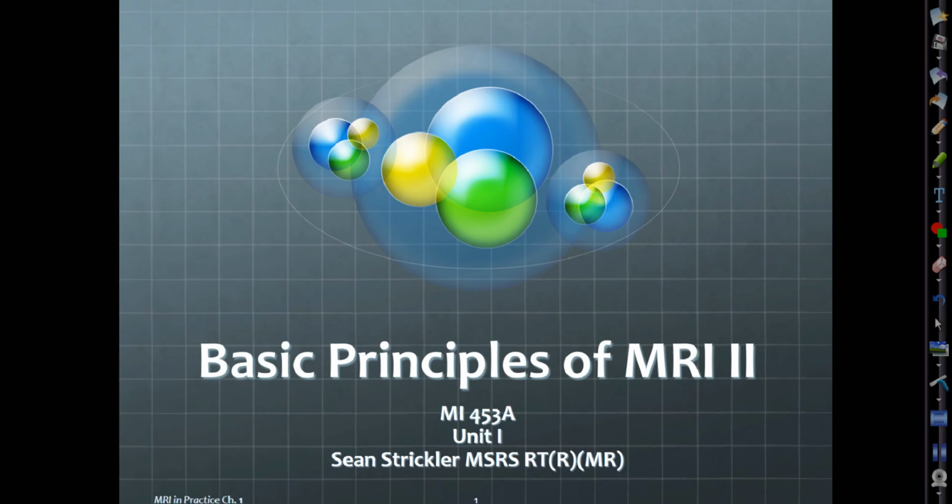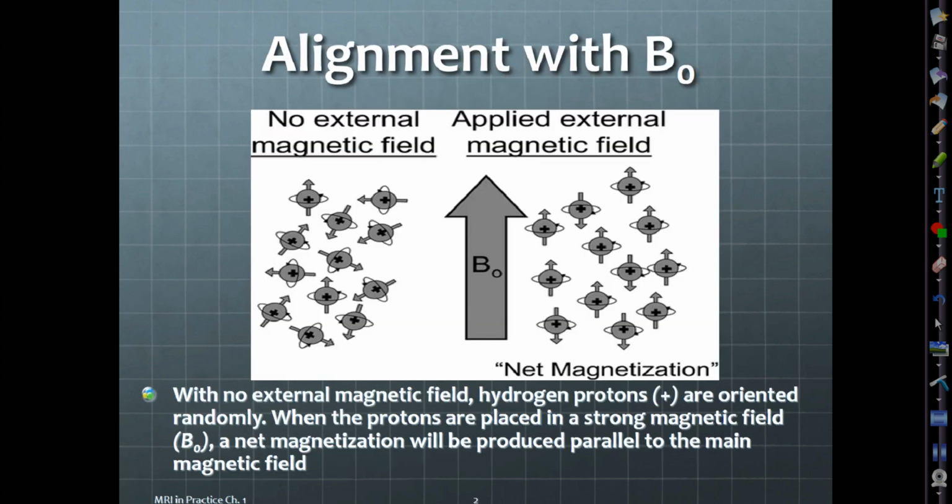All right, so today we're going to be going over the second part of basic principles of MRI. Just as a reminder, as a review, we talked about how our hydrogen spins outside of our magnetic field are orientated randomly.